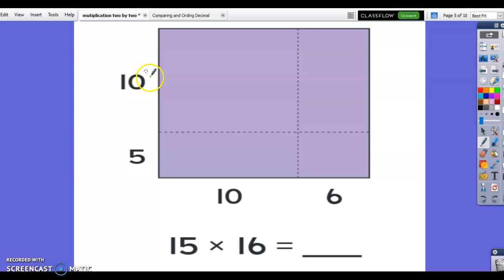So here we have our 10 and our 5, which is the separation of the 15. And then on the bottom we have 10 and a 6 for your values of 16. So in each one of the squares, we're going to think of the multiplication that goes with it. So here in this top one, it's 10. And if we line it up, it's also going to be 10 and 10.